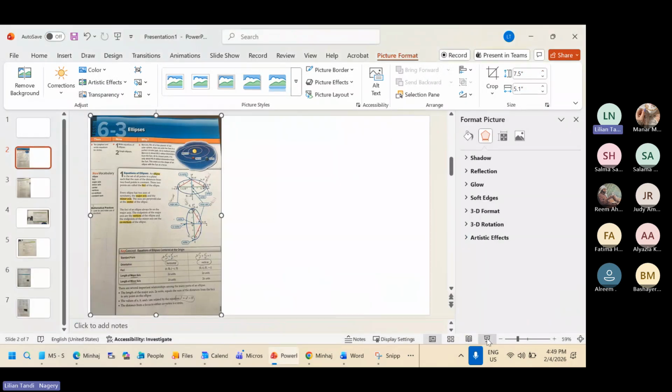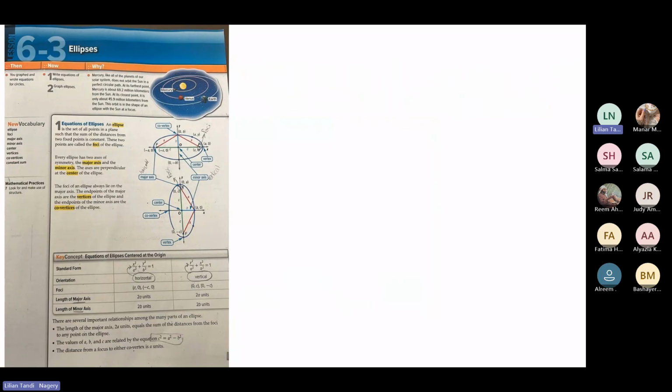Okay. So according to my notes, you have a horizontal ellipse and you have a vertical ellipse. You agree? Horizontal is this one. How do I know?